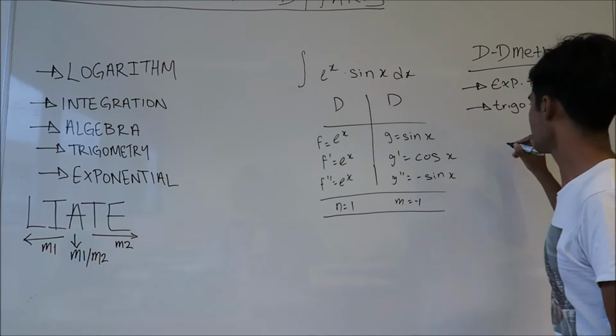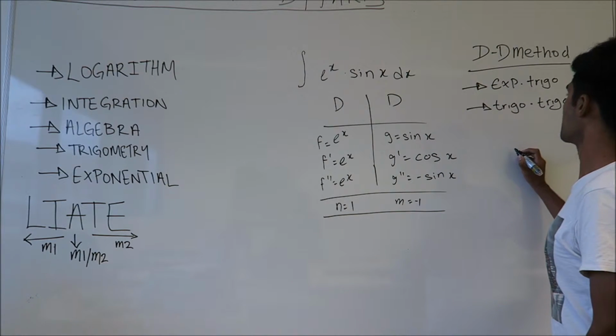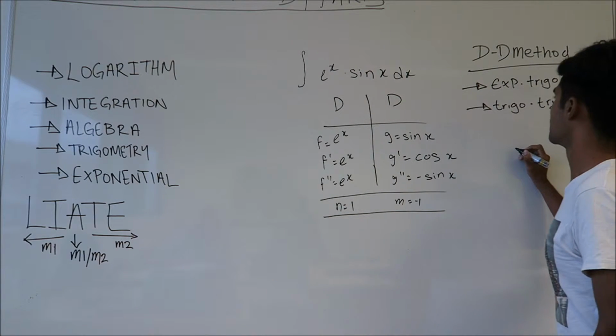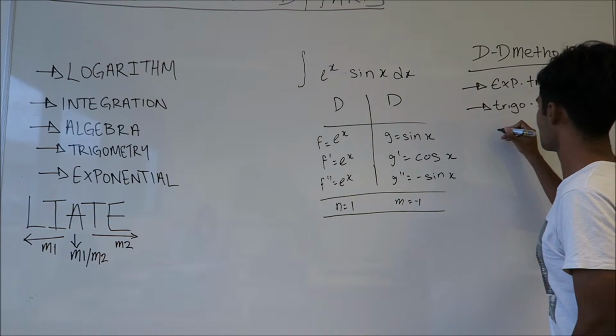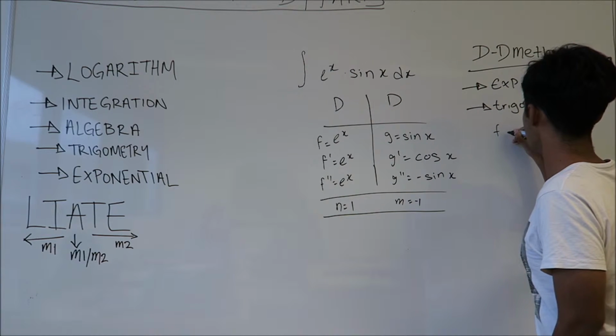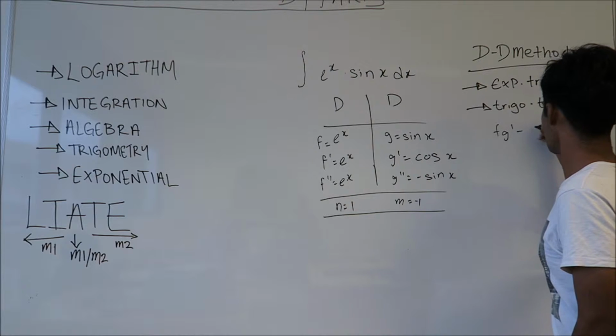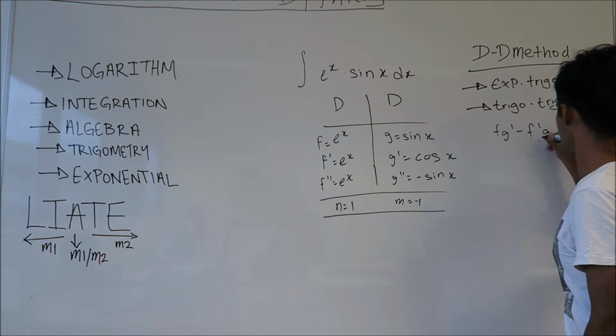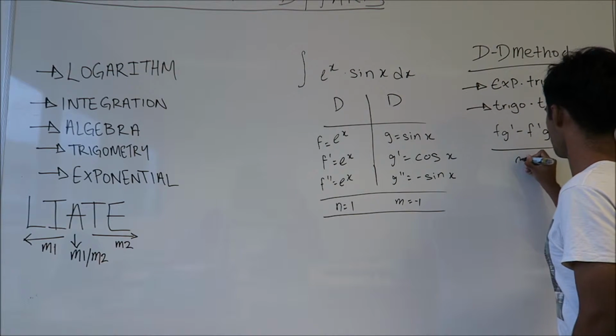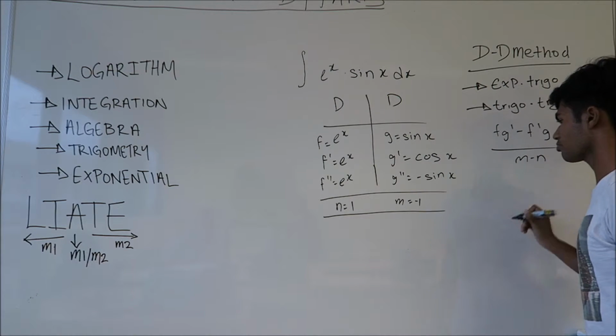Then we look at the general formula for the DD method, which is f g prime minus f prime g over m minus n.